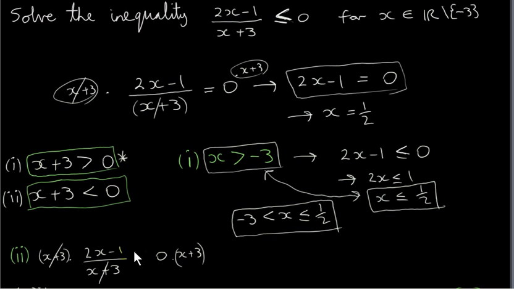Less than or equal to will become greater than or equal to. So we will end up with 2x minus 1 greater than or equal to 0 times x plus 3, which is 0. And this inequality is subject to the constraint that x plus 3 is negative. In other words, x is less than minus 3. Write that here.